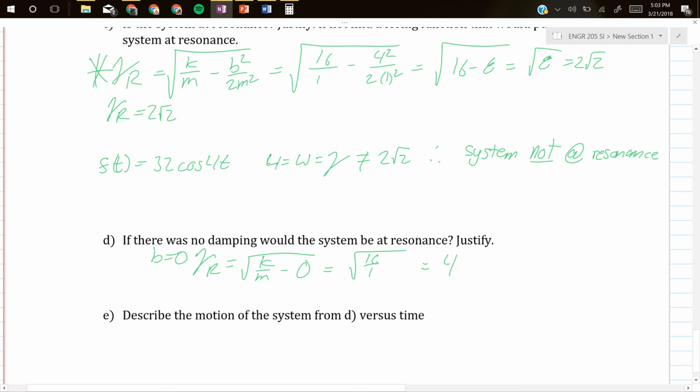Looking up at the top, where 4 equals omega, which is equal to gamma, and that equals 4, therefore the system would be at resonance.